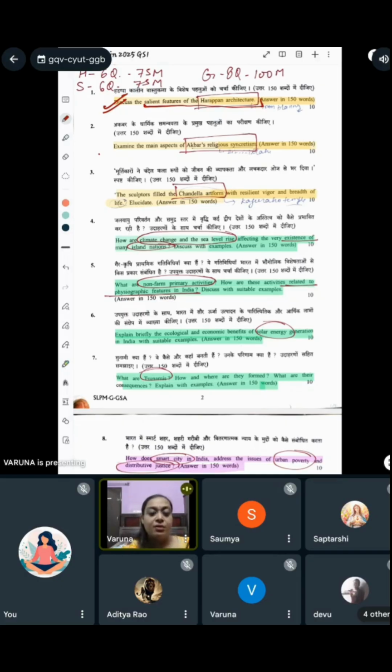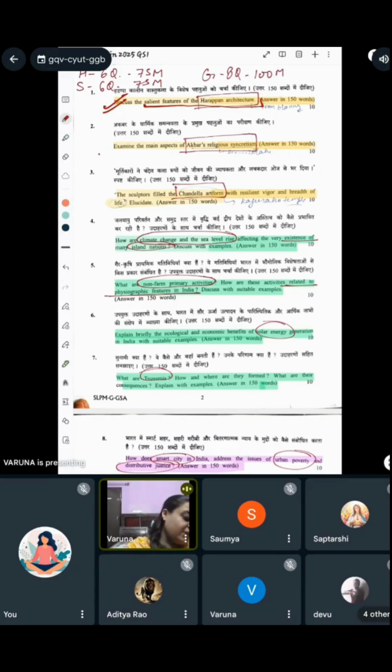So if you are well versed with this particular fact, if you have read this in the current affairs, then you might have concluded that we have to prepare the Harappan civilization or the Harappan architecture for our mains. Okay, so while reading the current affairs, we have to be very present in the moment and understand the demand of the UPSC question papers.